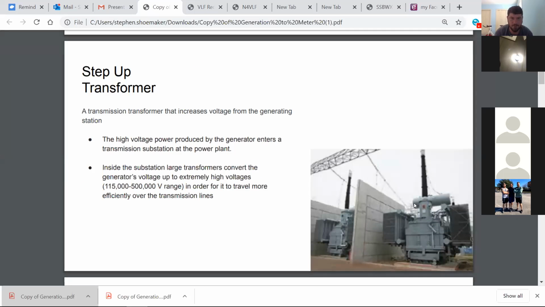A step up transformer, in this case a transmission transformer, increases the voltage from the generating station. High voltage power produced by the generator enters the transmission substation at the power plant. Inside the substation, large transformers convert the generator's voltage up to extremely high voltages, in this case the 115,000 to 500,000 volt range, in order for it to travel more efficiently over the transmission lines.